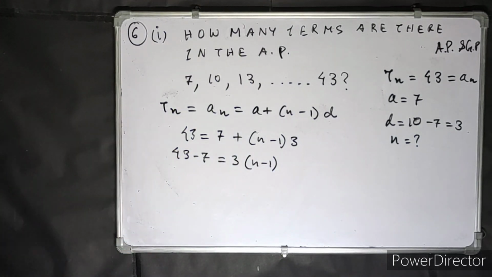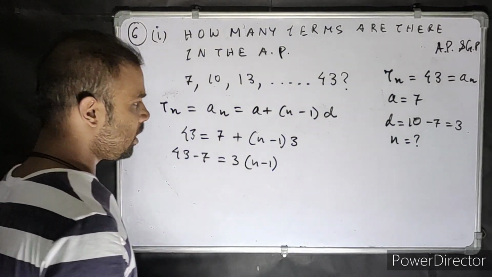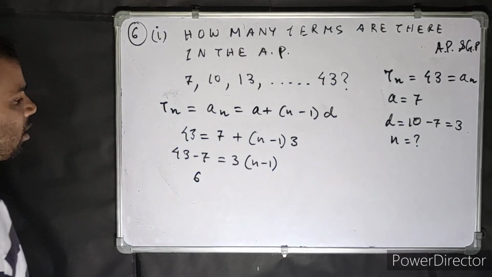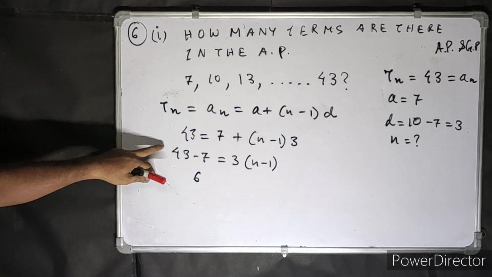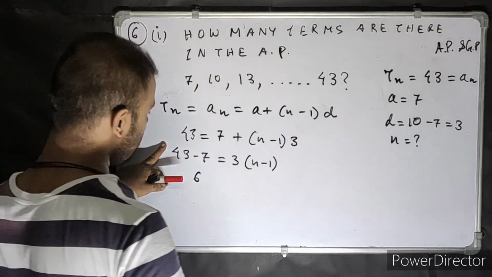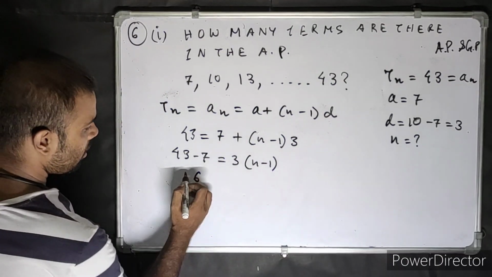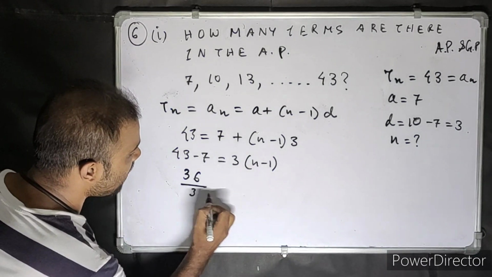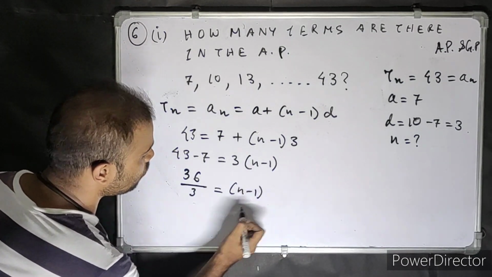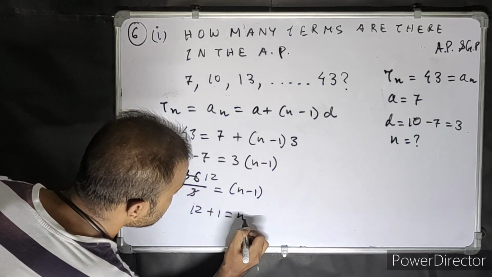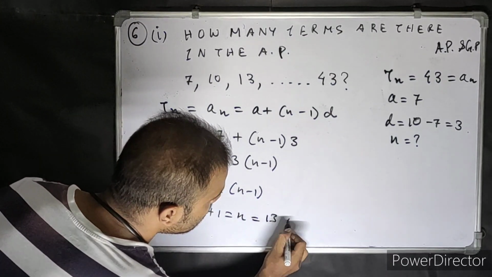That is 36. Divide by 3, is equal to n minus 1. So 3 ones are 3, 3 twos are 6, 12 plus 1, n is equal to 13.